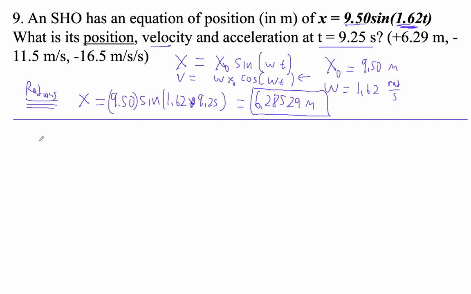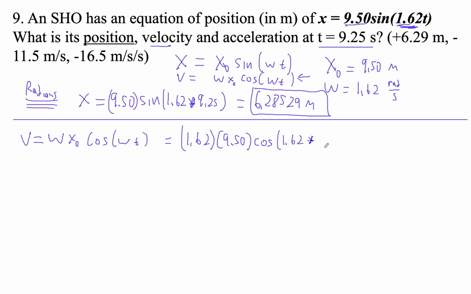Okay, so now we can figure out the velocity. The velocity is going to be omega x naught cos omega t. And again, I still want to be in radians. So that is 1.62 times 9.50 times cos of 1.62 times 9.25.